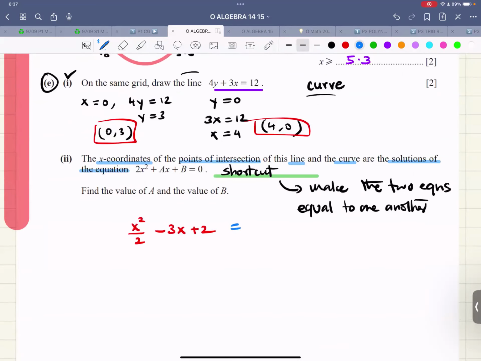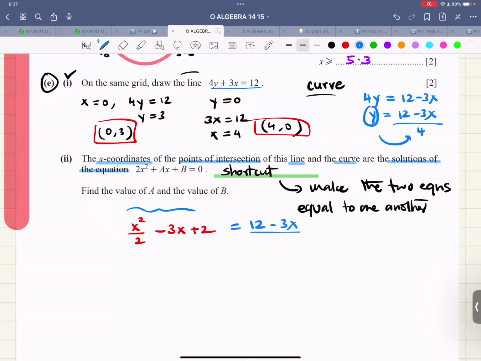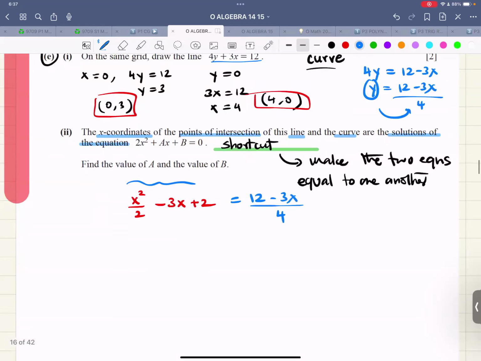This is 4y is equals to 12 minus 3x. Therefore, y is 12 minus 3x over 4. This was equal to y. So now I have equated them to one another.